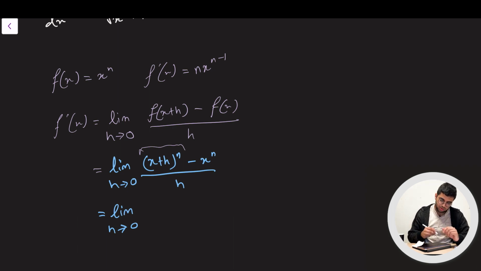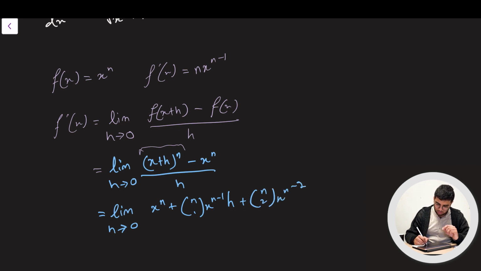So we can use that to expand this, and we have n choose 1 x to the n take 1 h, plus n choose 2 x to the n take 2 h squared, and so on. Actually, I should mention another value here, which is plus n choose n, which is really just 1, times h to the n, take x to the n.